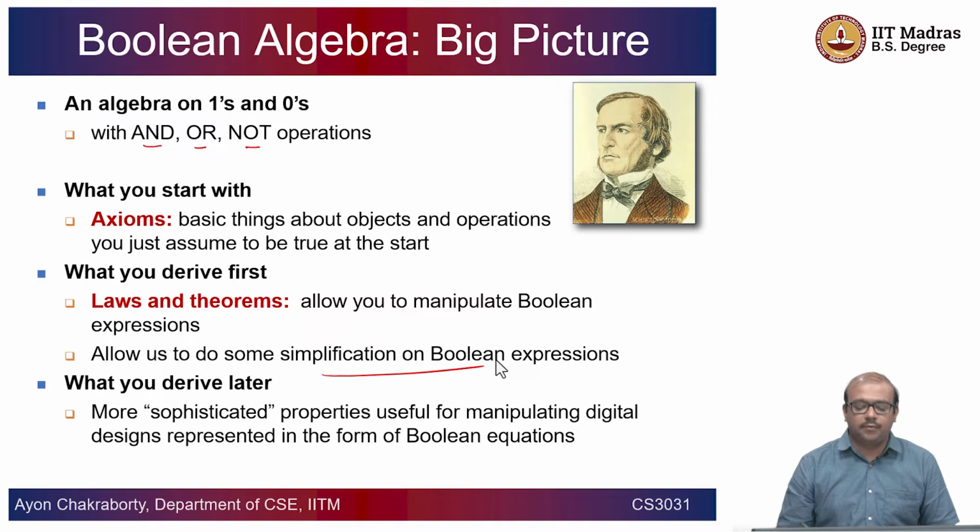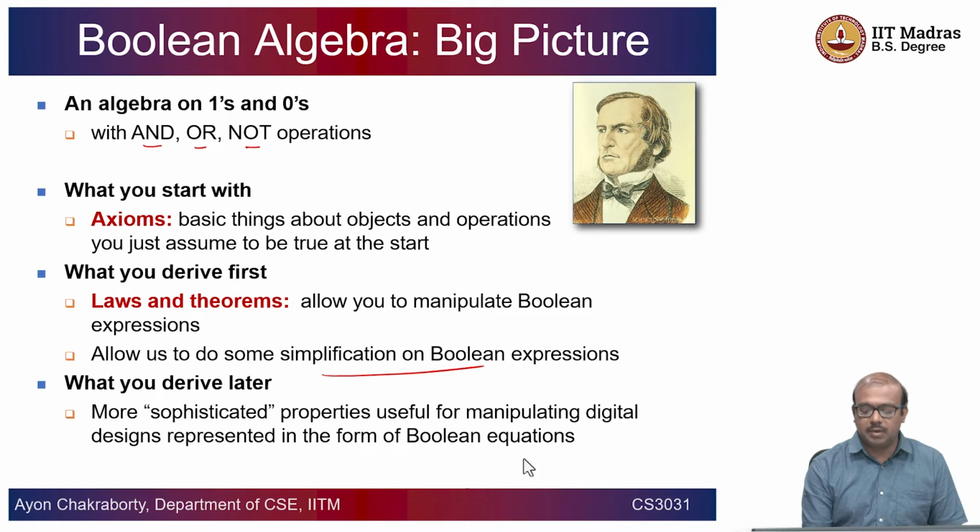So often we will come across situations where we need to really simplify Boolean expressions as much as possible, and the better your handle on these laws and theorems, the more advantageous your position to make these simplifications effectively and meaningfully. Okay, and more sophisticated properties are useful for manipulating digital designs represented in the form of Boolean equations. So you can derive other things.